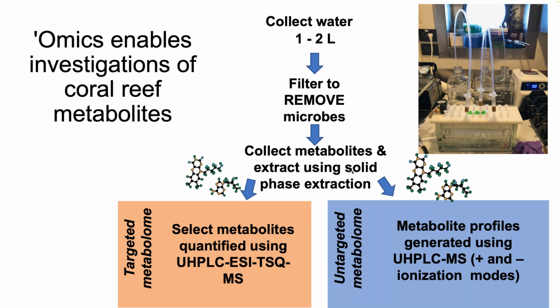We don't exactly know what they are, but we get information about the mass to charge ratio as well as retention time. Standards could be run, or more methods used in depth, to understand the identity of those metabolites. This can be really helpful in trying to compare metabolite features between samples, and it can be run in both positive and negative ionization modes because some metabolites ionize in those different modes.